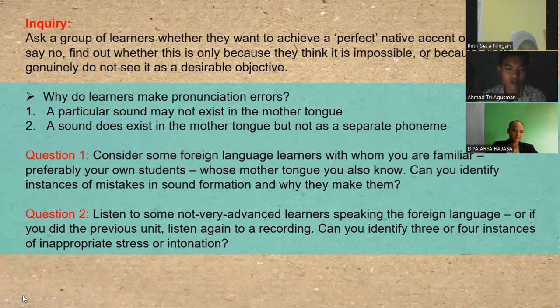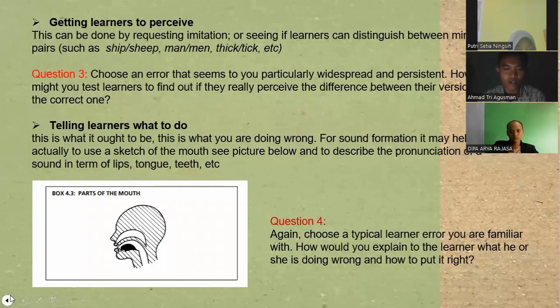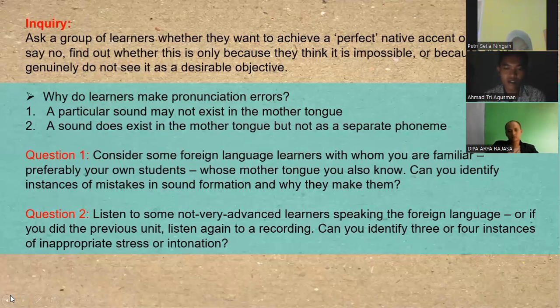Getting learners to perceive. The first thing that needs to be done is to check the learner can hear and identify the sounds you want to teach. The same goes for intonation, rhythm, and stress. Can the learner hear the difference between how a competent or native speaker of the language says a word, phrase, or sentence, and how a foreign learner says it?